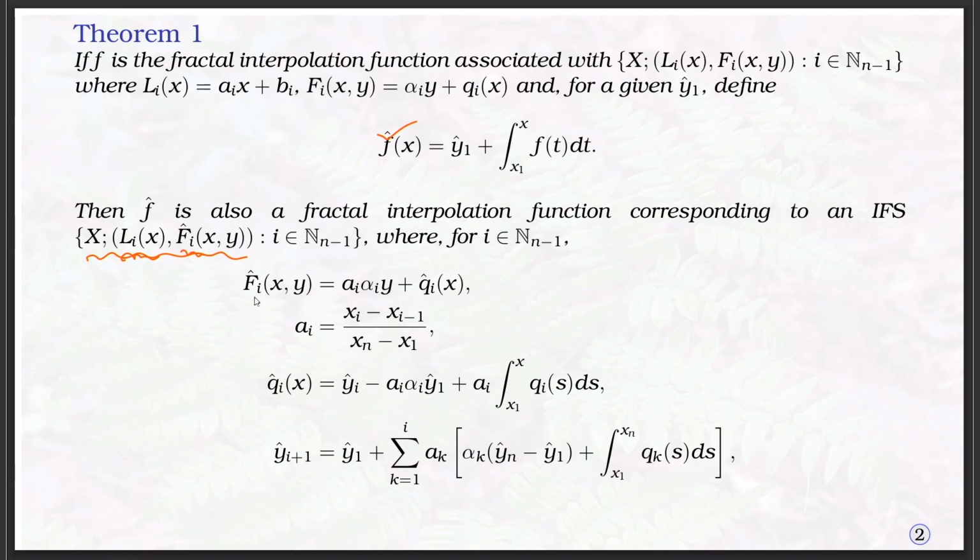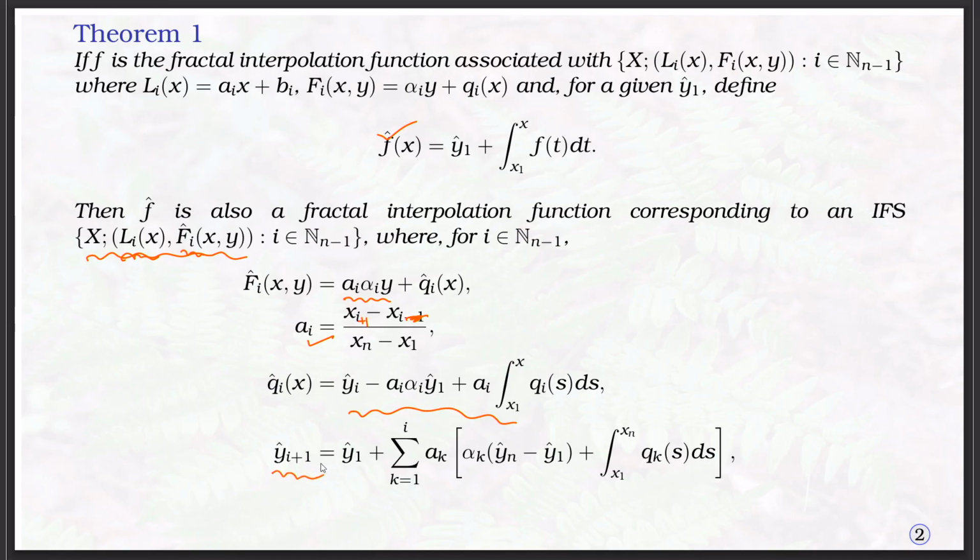The Fi cap is given by ai alpha i of y plus qi cap of x, where ai is given here and qi cap is given here. I think it is xi plus 1 minus xi, not xi to xi minus 1. Then i cap is given here and the new points will be generated by using this.